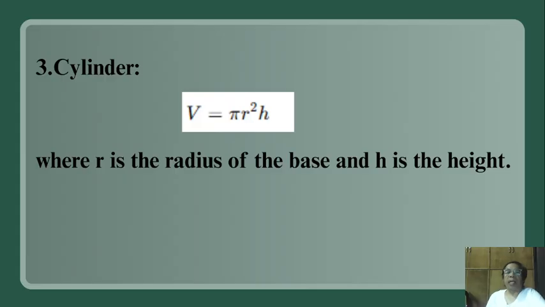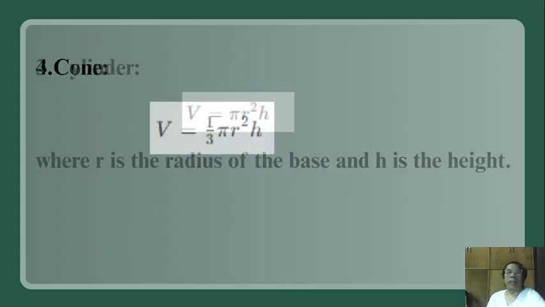That's why B equals pi r squared. So just keep in mind that the formula of the volume is area of the base times the height.